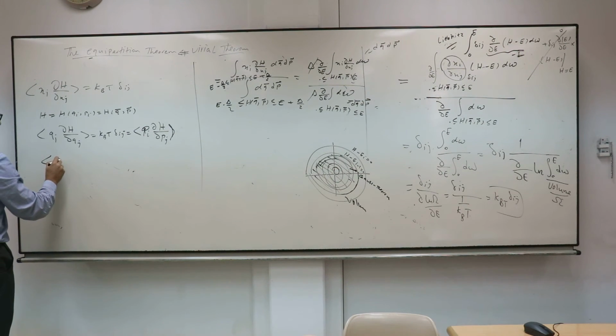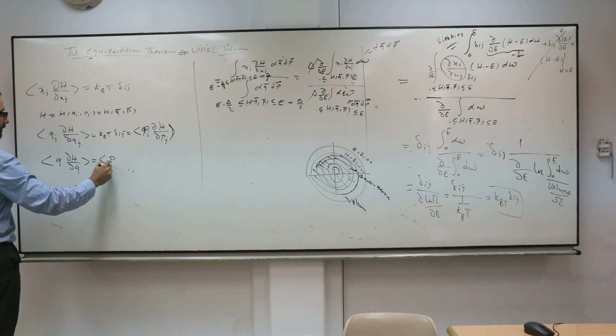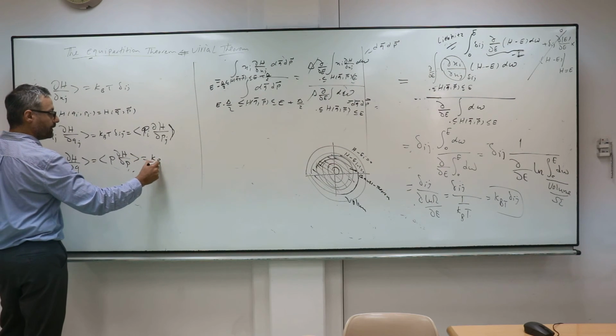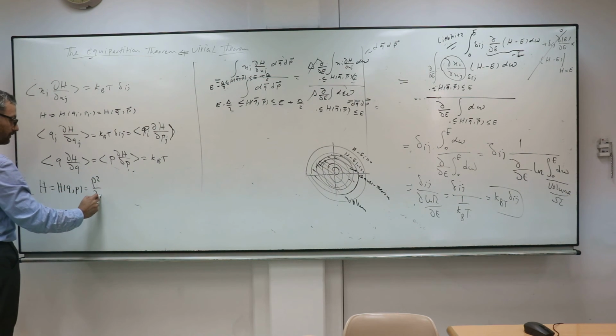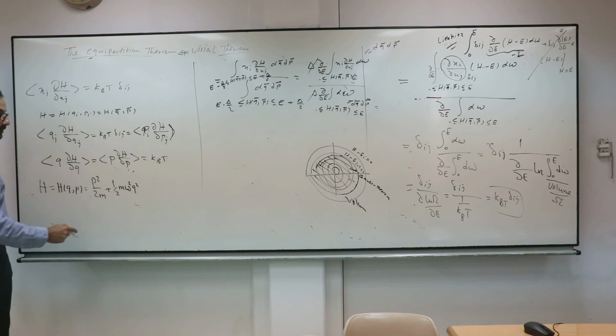So q partial H over partial q, or p partial H over partial p, will be kBT. Yes? The easy example is the harmonic oscillator, for example. This is a one-dimensional harmonic oscillator.